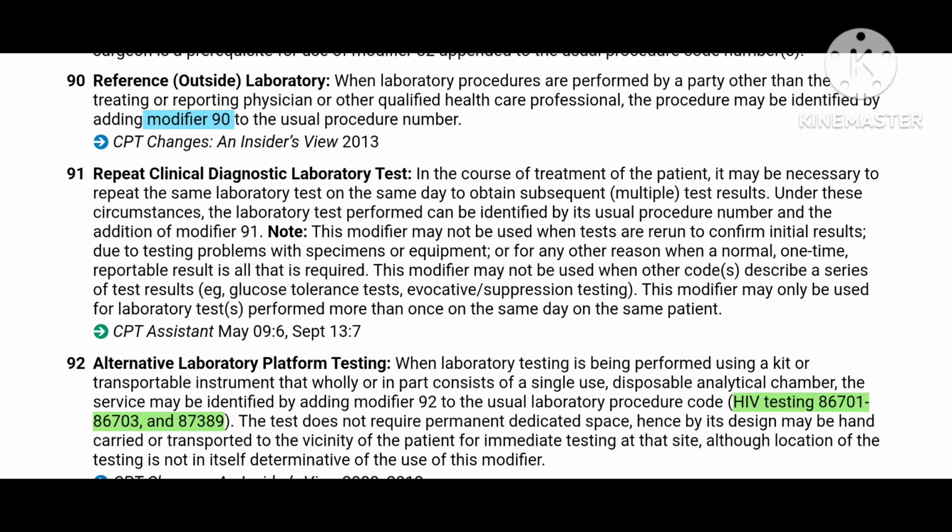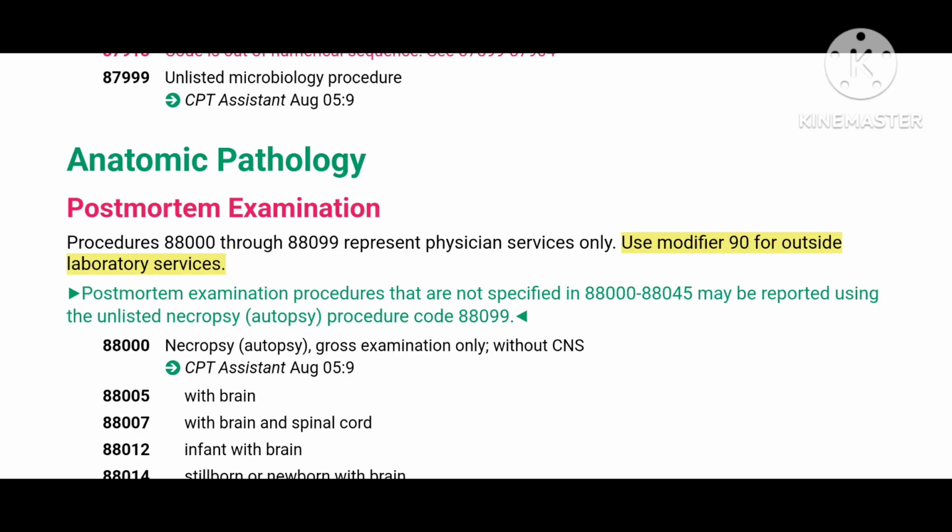Take modifier 90. This is for reference or outside laboratory. This we saw with the pathology chapter under anatomic examination or postmortem examination. In pathology chapter, postmortem examination, we have seen this modifier 90.